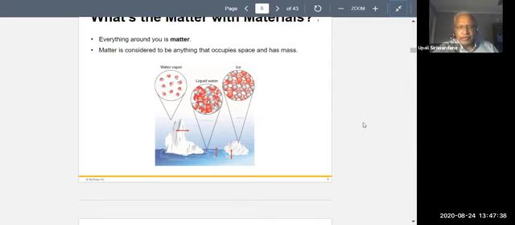The particulate view or atomic view shows the water molecules are close to each other. And in the liquid water phase, which is the sea or the oceans or the river, water molecules are in close contact, but they can roll over.